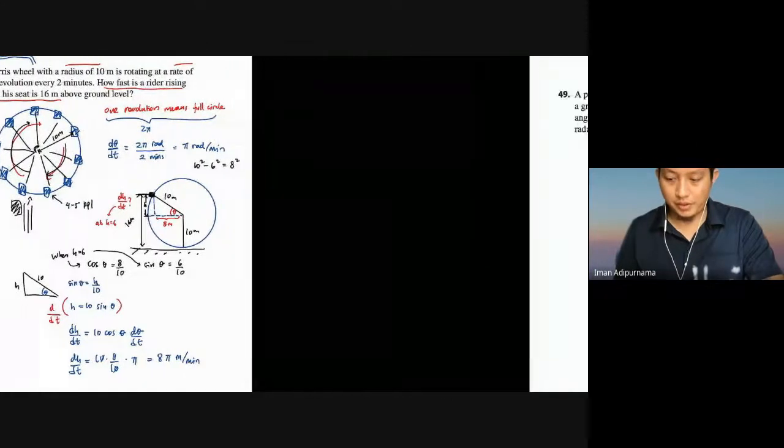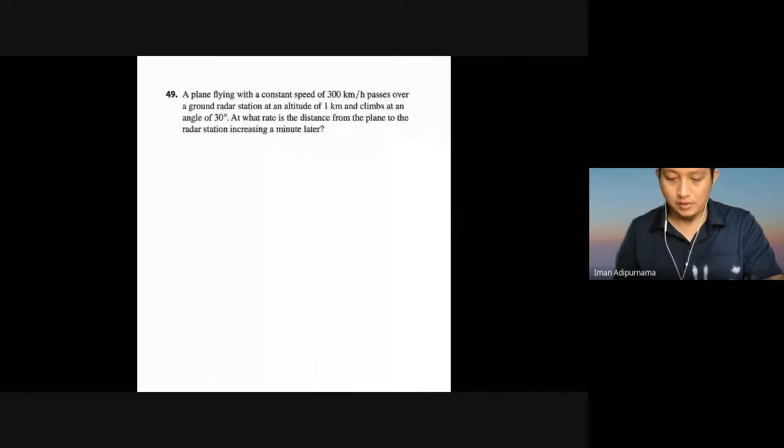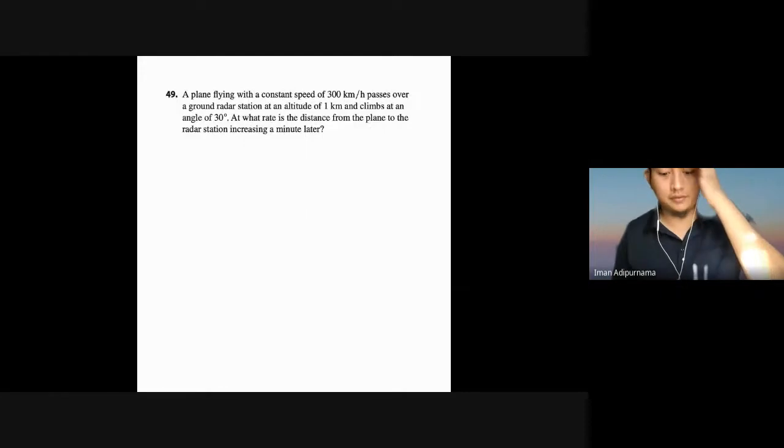I've prepared a question: there's a plane flying with a constant speed. This is a little bit tricky, so you need to read carefully. The plane is flying with a speed of 300 kilometer per hour, and it passes over a radar station.